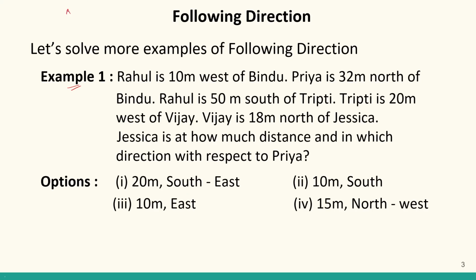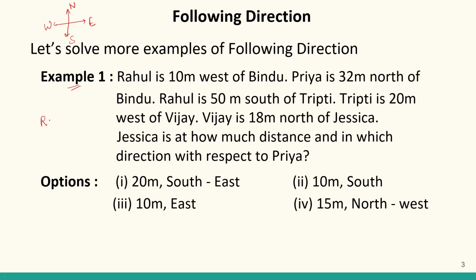For your reference, I am drawing the simple chart of north, south, east, and west. Now, Rahul is 10 meters west of Bindu. I'll use this space to draw the diagram, okay?